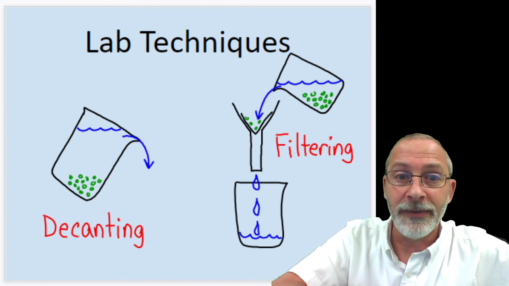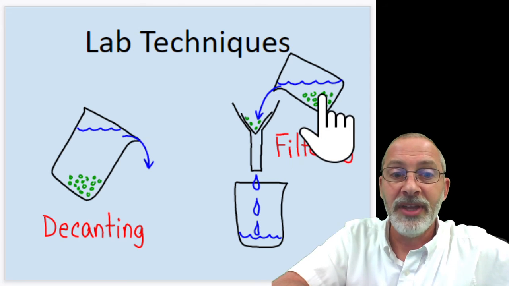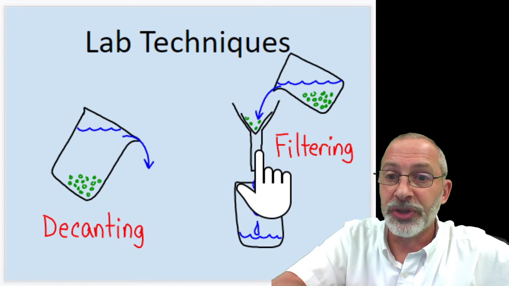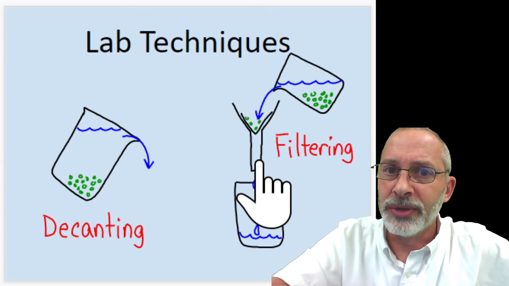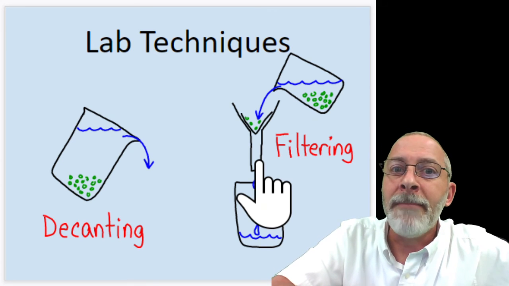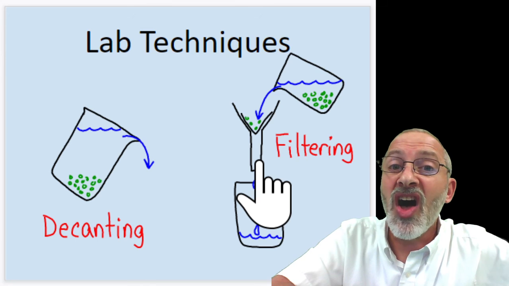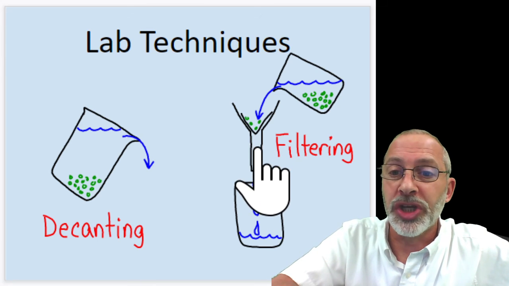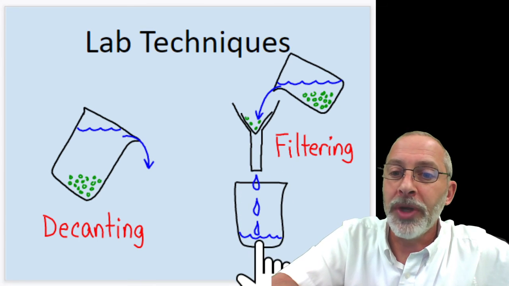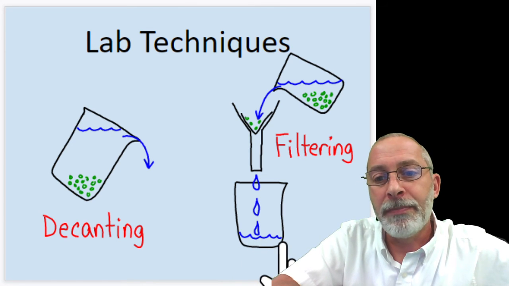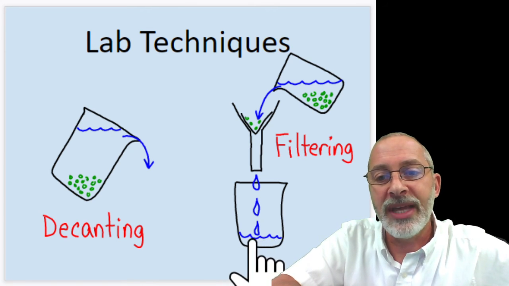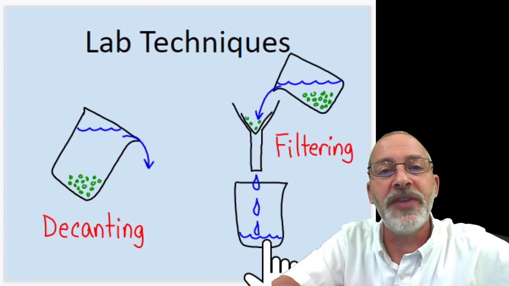But in both cases, we're separating liquids and solids. But here's the deal. In the case of decanting and filtering, is it possible that some particles of something might be dissolved in solution and might drip through the filter paper itself and be part of this liquid down here, which is called the filtrate?